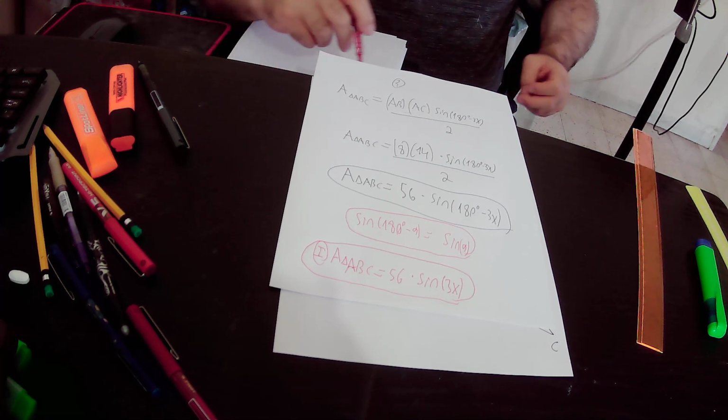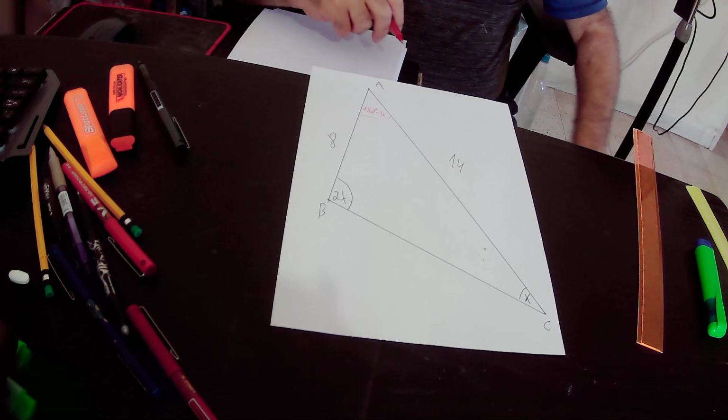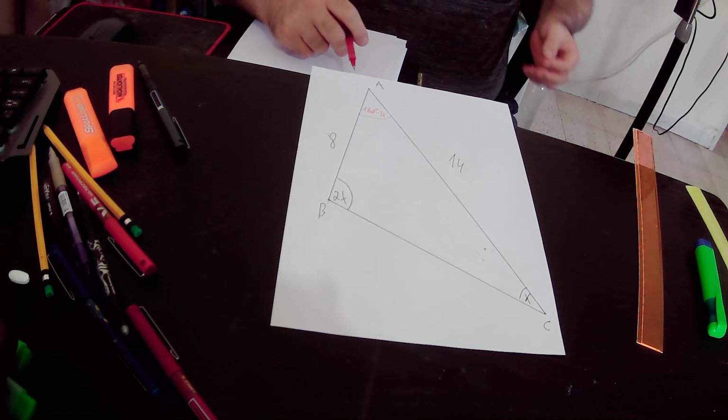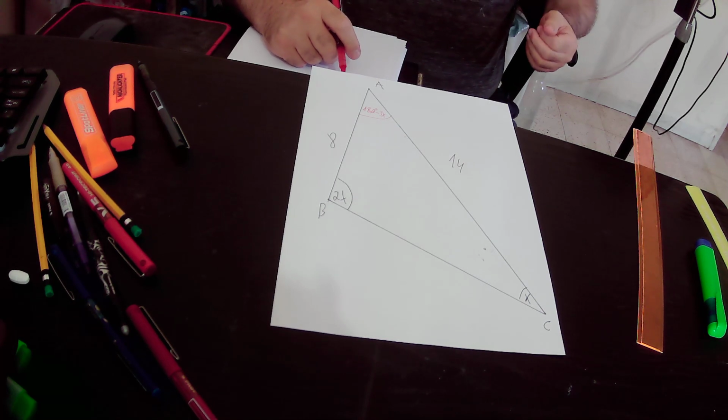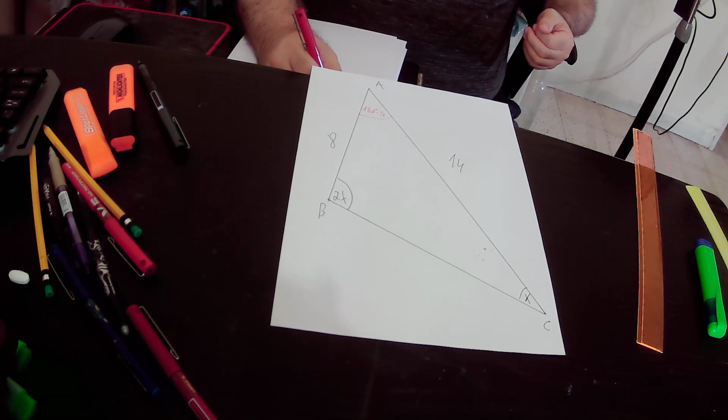Okay, so in the next step I will present to you a new rule that is actually the law of sines, and we will use the law of sines in our triangle. So rule number 5 is the law of sines.